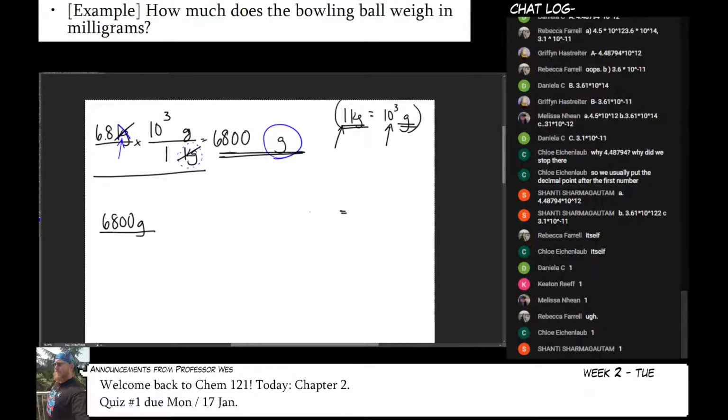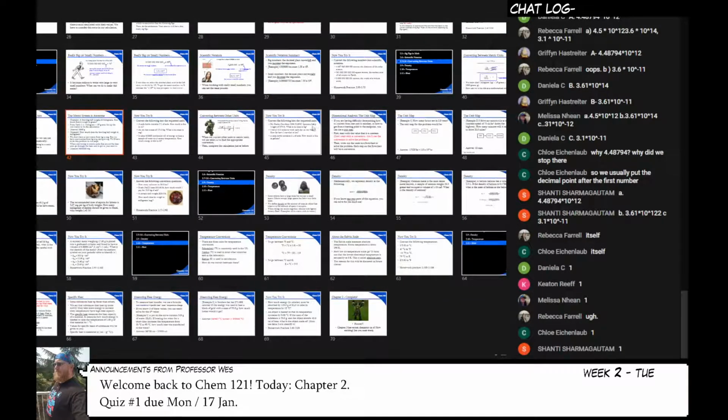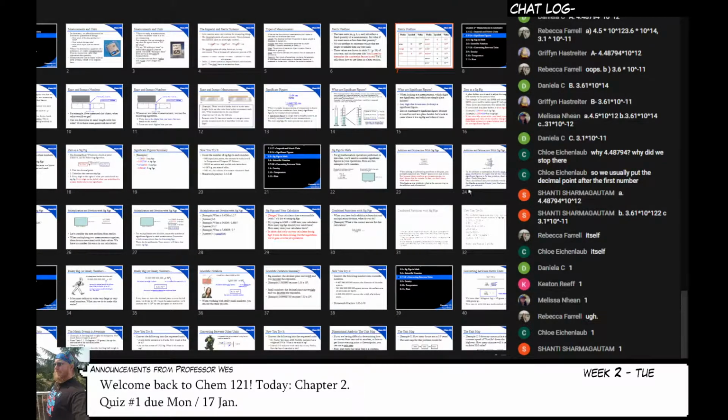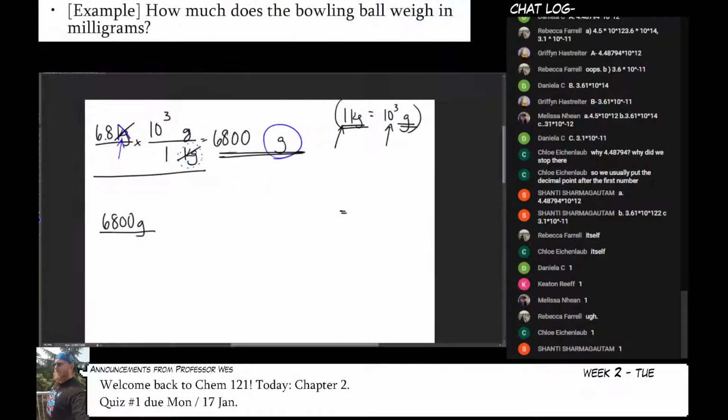So according to the table that we had way back here at the start of the slides, here's our relationship for milligrams right here. 1 milligram is 10 to the minus 3 grams. I have to find the slide we were on. There it is. So we can write that down. 1 milligram is equal to 10 to the minus 3 grams.